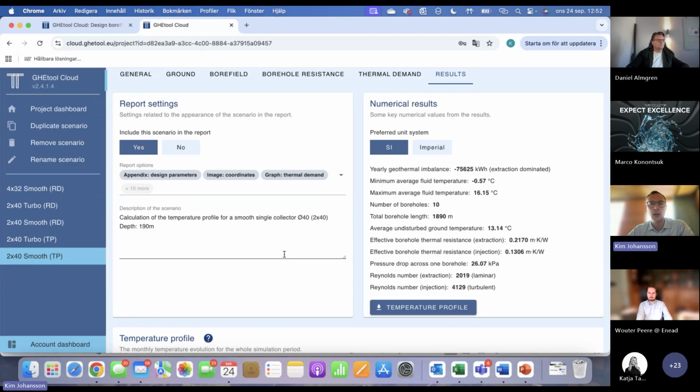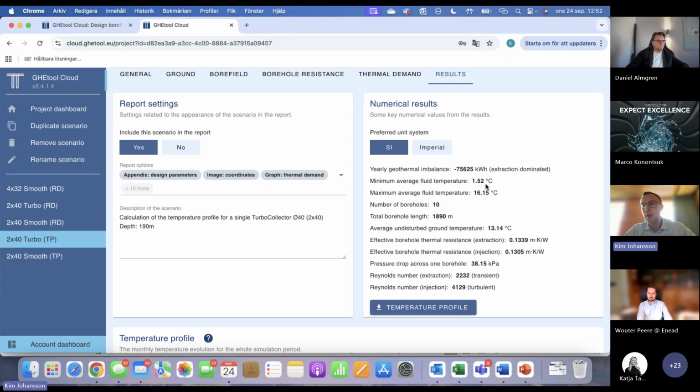If we take a look at how this would change if we were to use a TurboCollector instead of a smooth collector, the first thing that we could see is that it affects the minimum temperatures quite a lot. Instead of having minus 0.6, we are now having 1.5 degrees plus.